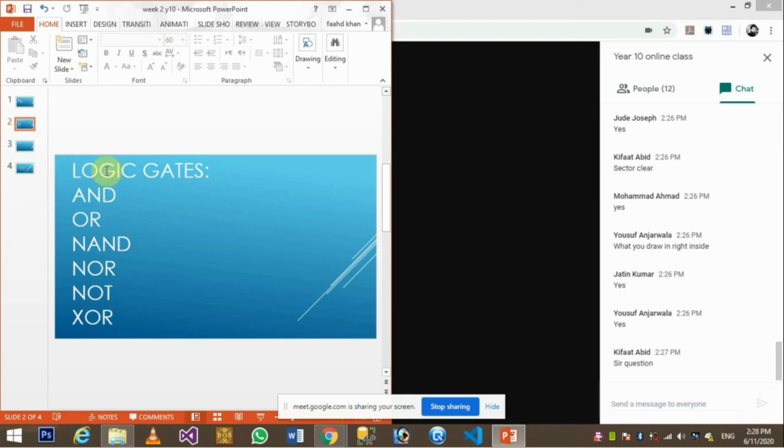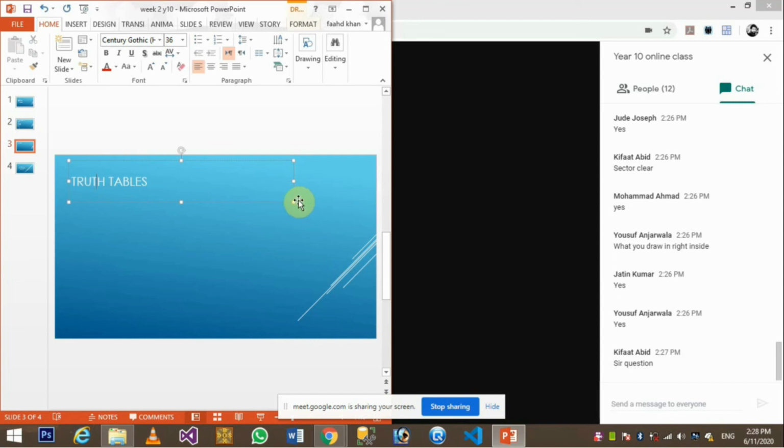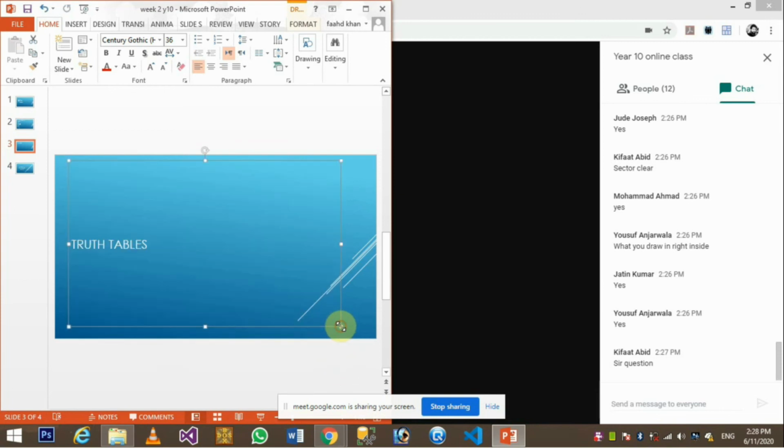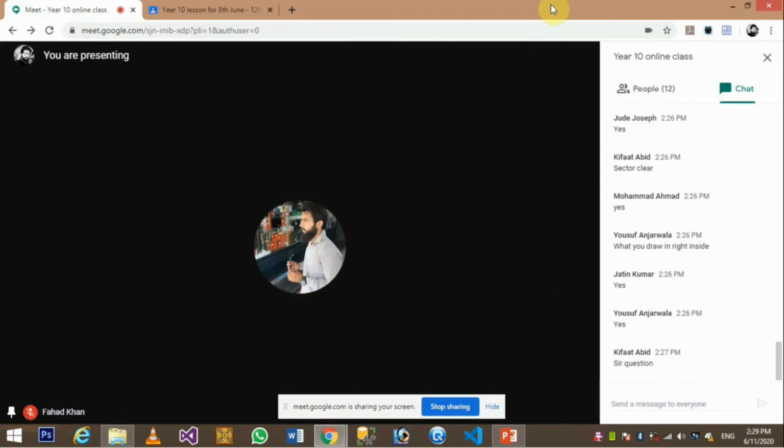All right. So all the logic gates are clear now. Moving on to the truth tables. Who is going to tell me what the truth tables are? Truth tables, everybody.